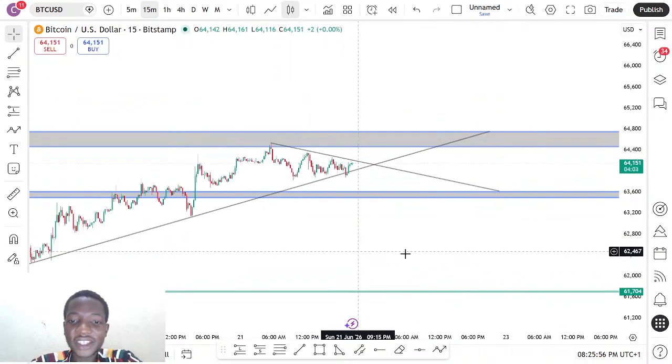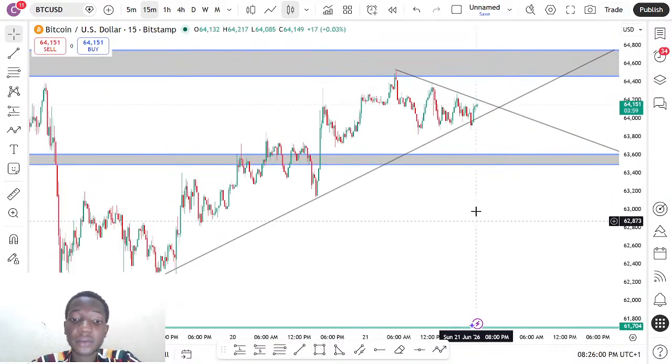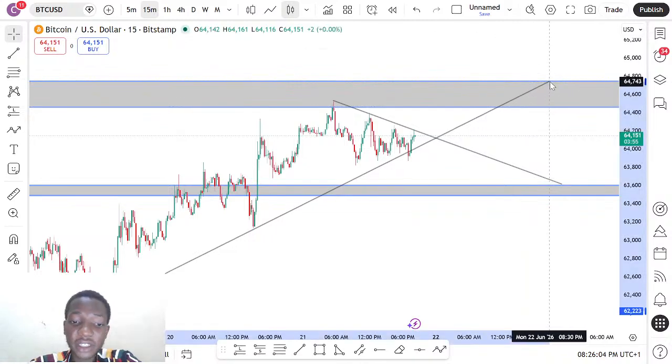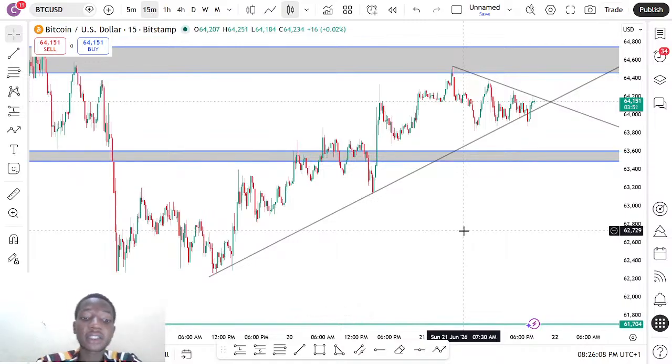So as a trend line trader, this might be a bit confusing for some of you, some of the beginner traders. I just connect this low, this high here, this higher low, and fake higher low.